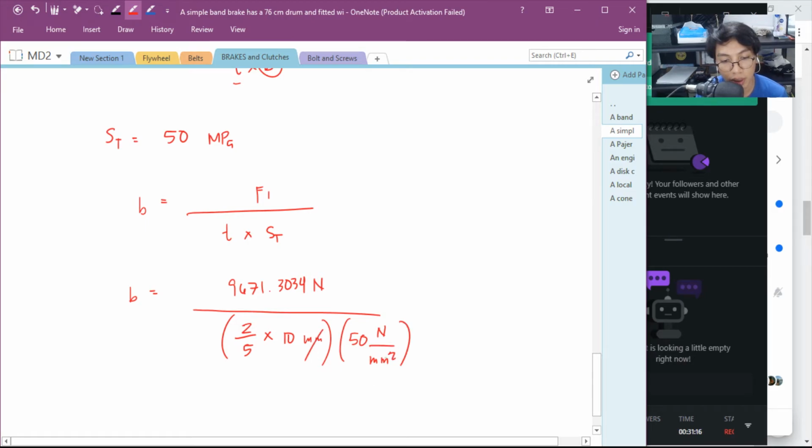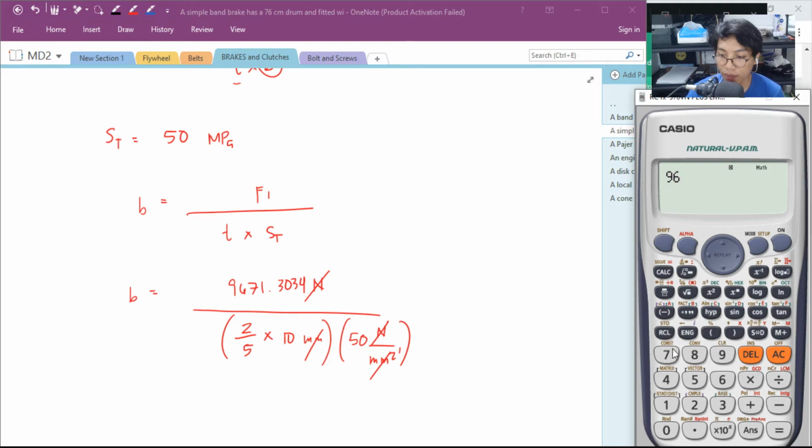Isa ang matitira ditong mm. Ito matitira, matatanggal. So, B will be 9671.3034 divided by 250 times 10. 2/5 times 10 times 50.